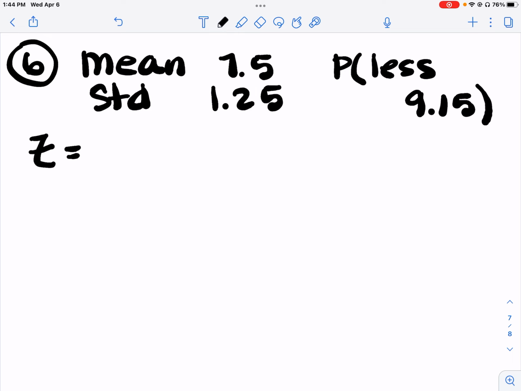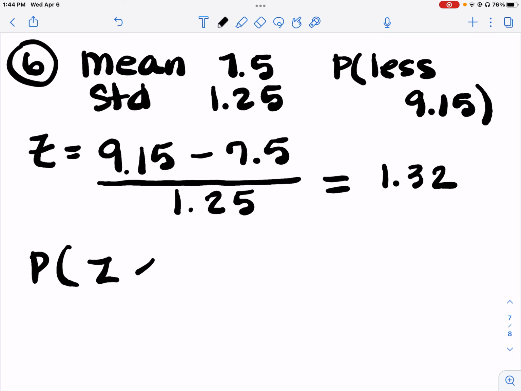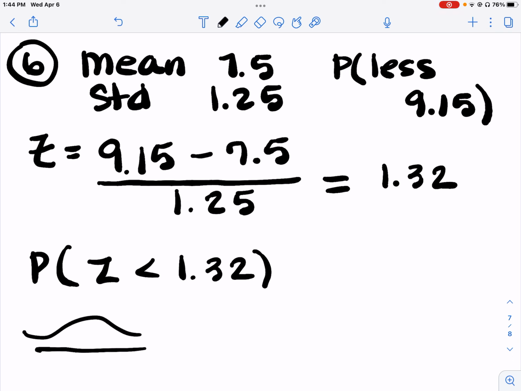Okay, so we need to change that to a z-score, minus the mean, divide by the standard. That equals 1.32. We're finding the probability z is less than. Okay, the chart gives us the less than. So all we have to do is look up 1.32.